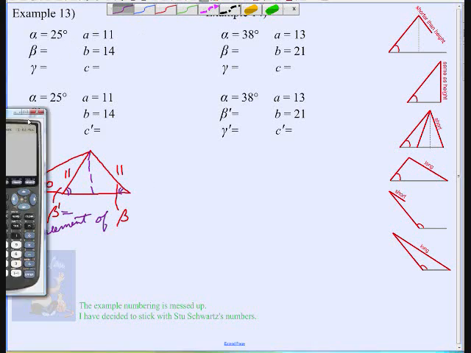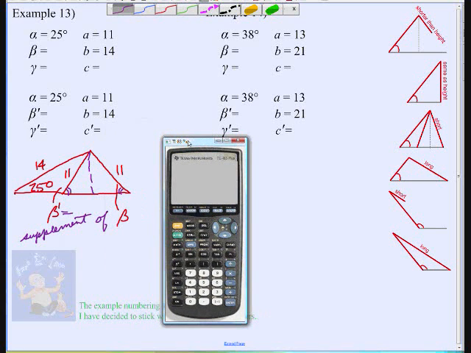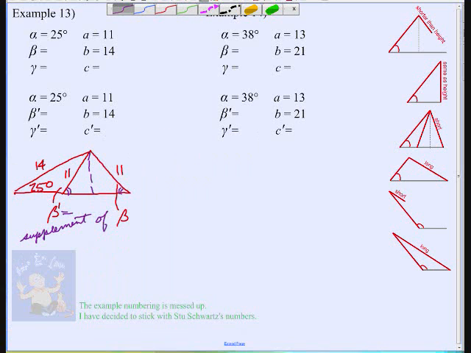We'll go ahead and get our ratio. Sine of 25 degrees divided by 11 gives us a ratio of 0.0384.